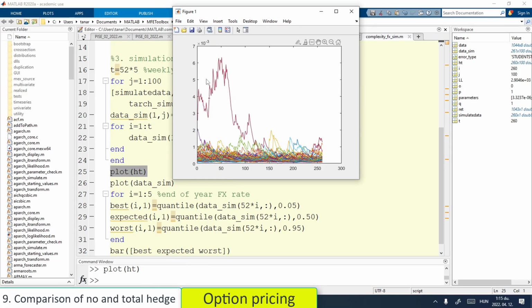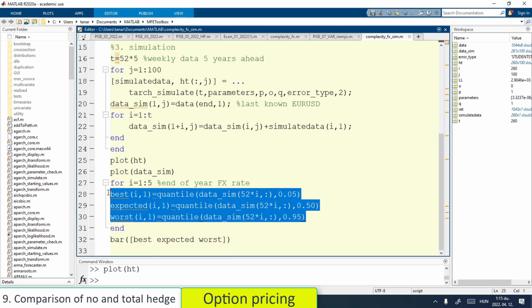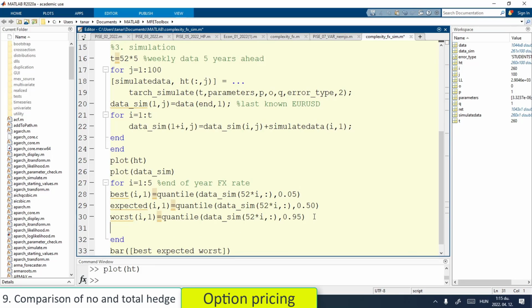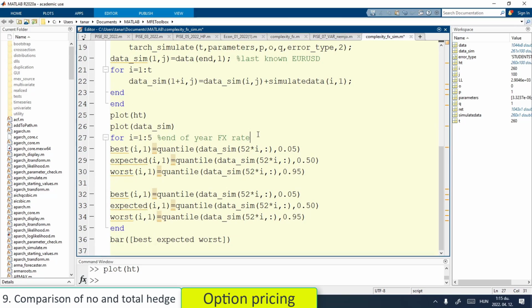So yes, there are some unhappy universes with huge volatility, but others are quite similar. So now we just have to take the same stuff with some modification. Simulated standard deviation.